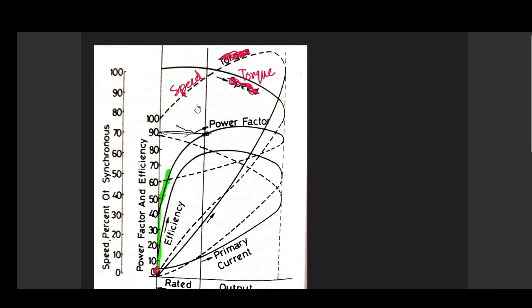Another thing here is the power factor. Interestingly, you can see that this primary current is maximum for your maximum output, that is quite obvious. Now for each and every curve you will see that there is a portion of dotted line, like for this solid torque line. Let me highlight them, otherwise you will get confused.